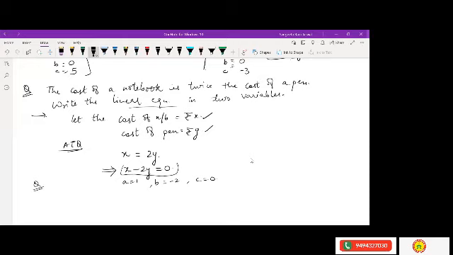Okay. Now the next question is: express the linear equations in the form ax plus by plus c equals 0. You have to express the linear equation in this standard form and indicate the values of a, b, and c. So you just have to tell the values of a, b, and c.